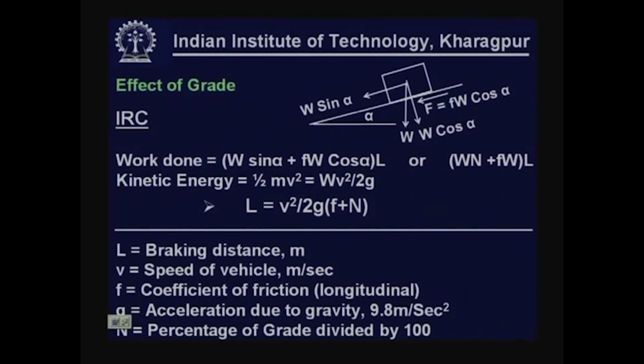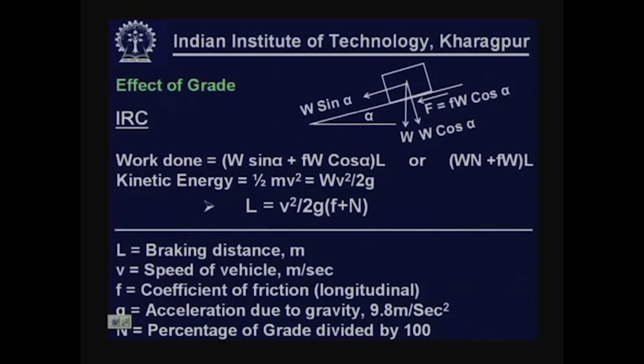So, work done in total is W sin alpha plus this frictional force, which is f capital W, weight of vehicle, cos alpha, multiplied by the length.